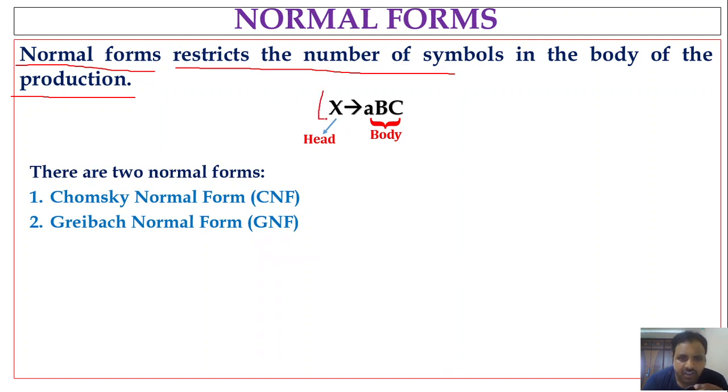Whenever we write the production, it is going to have the LHS, which is at the left side of the arrow, and RHS, which is at the right hand side of the arrow, right? So we are going to have two parts in the production. This left part we will call the head of the production, and the right hand side is going to be called the body of the production.